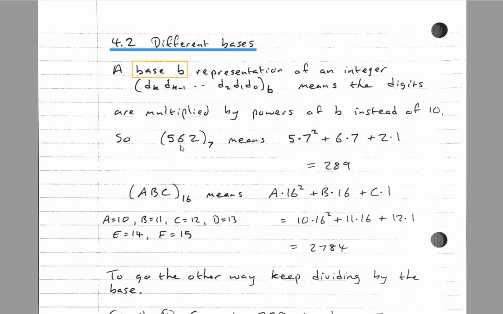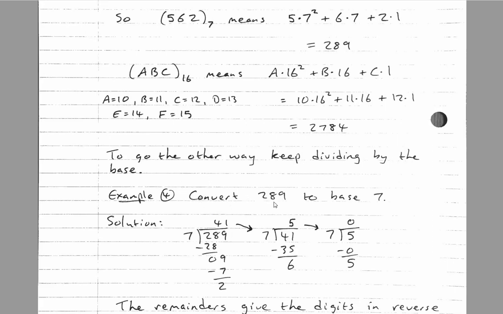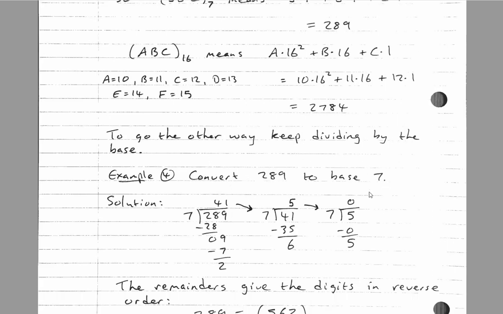So that's converting from a base back to base 10. In the other direction, if you're converting a base 10 number to a different base, you just keep dividing by the base. If we want to convert 289 to base 7: 289 divided by 7, we get a quotient of 41 and remainder 2. Now take that quotient and divide by the base again.